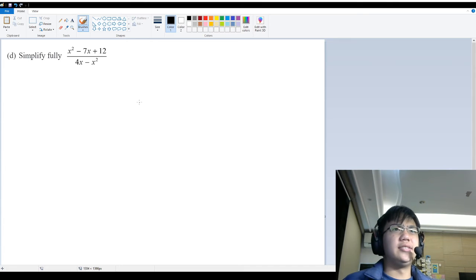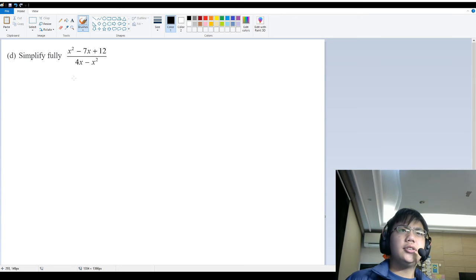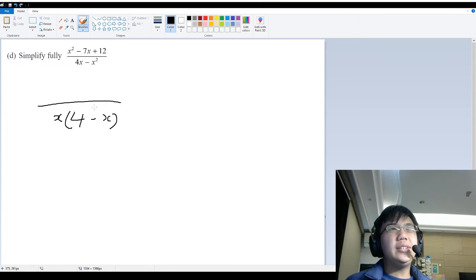So what we need to do is to factorize the denominator. This denominator can be factorized as x(4 minus x). By factorize, we mean we find the common factor and we remove it to outside of a bracket, with the remainder inside of a bracket.